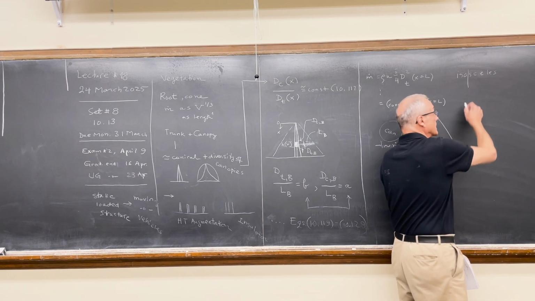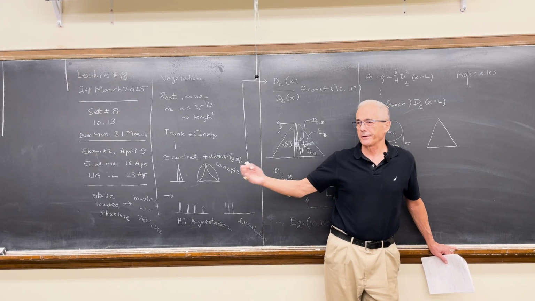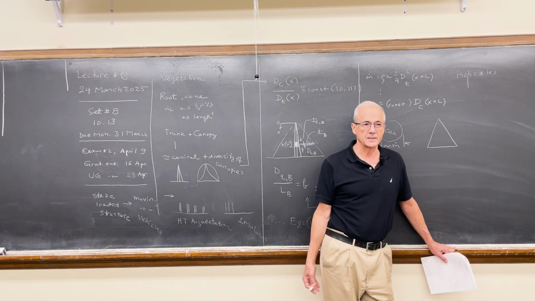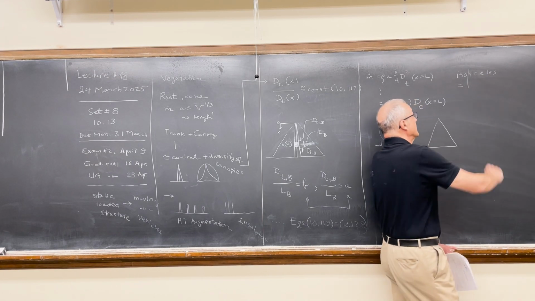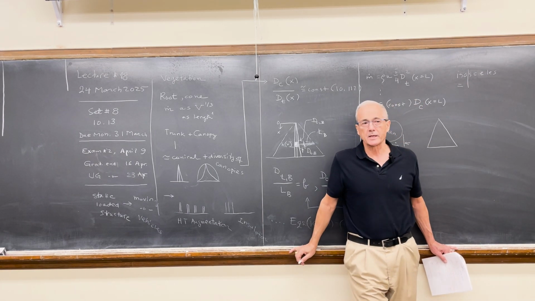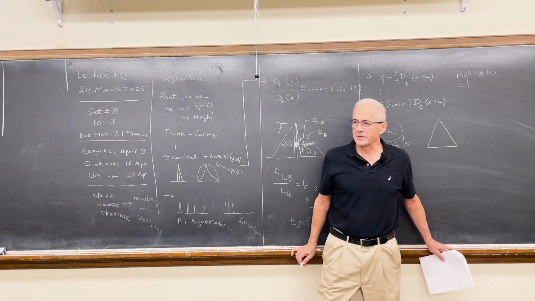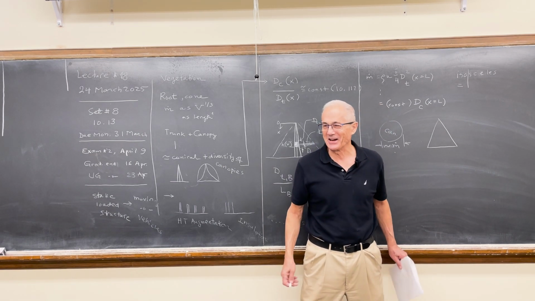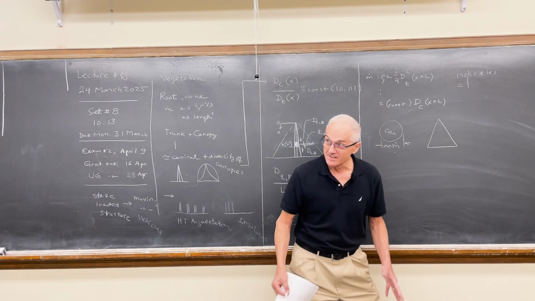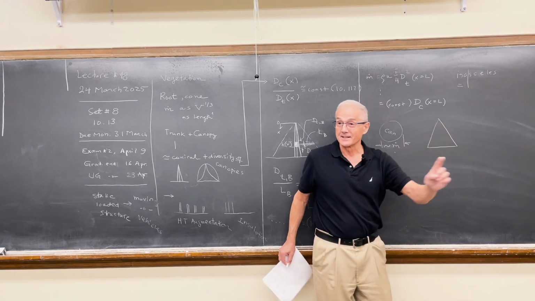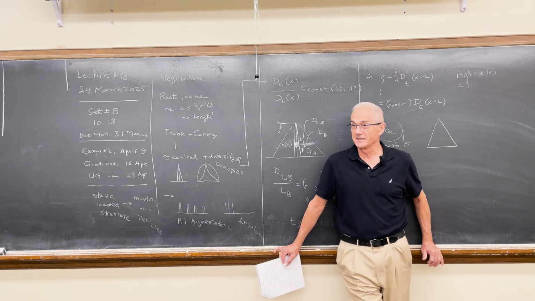Iso means equal. This is a Greek word. Isotherm, isoscale, that's equal. Skelos in Greek means leg. So here's an isosceles triangle. But the legs, skelos, is the origin of the word skeleton.